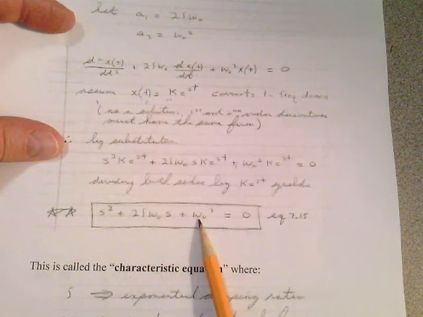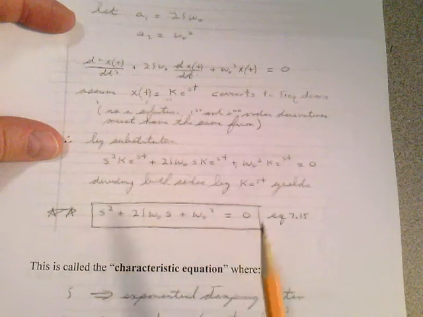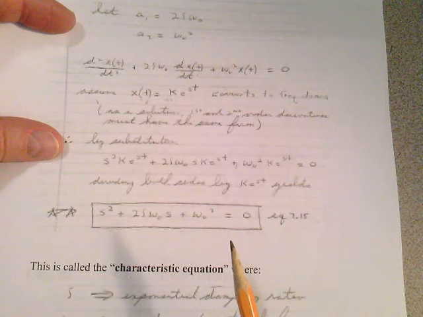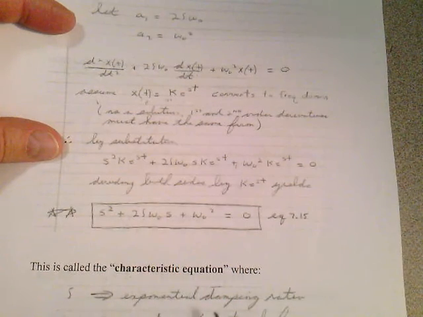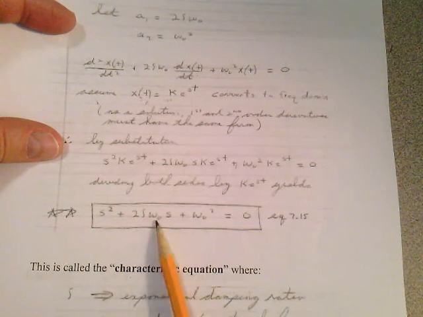We took the constant term in this second order system, omega 0 squared, and we defined zeta as the exponential damping ratio, and omega 0 as the undamped natural frequency.